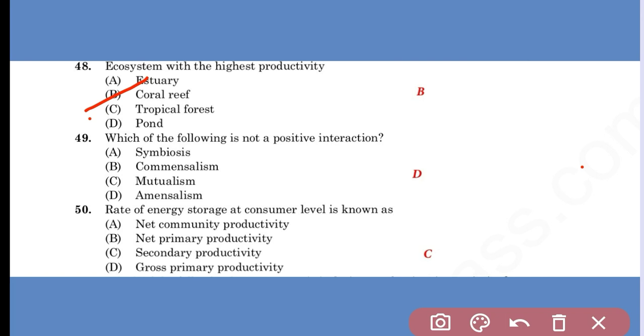Then the next question: which of the following is not a positive interaction? The question is asked on association between two organisms. First option, symbiosis. A symbiotic association is an association between two different species where both partners get benefited. Symbiosis can be obligatory, which means that one or more symbionts depend on each other for survival, or it can be facultative or optional when they can live independently.